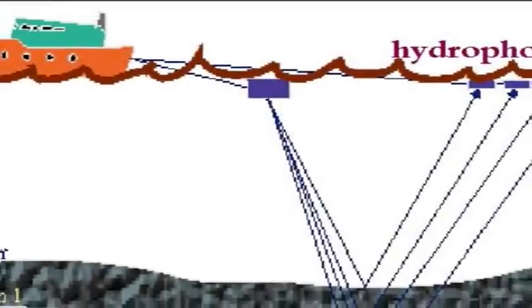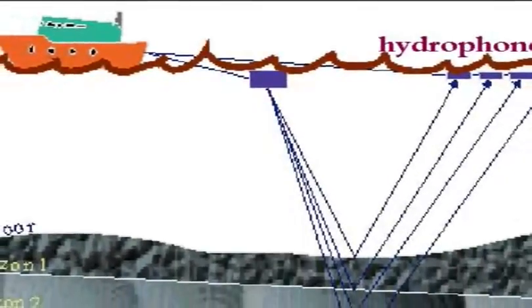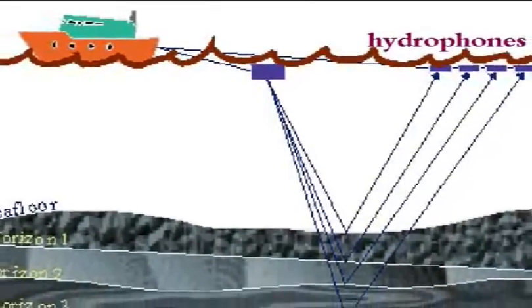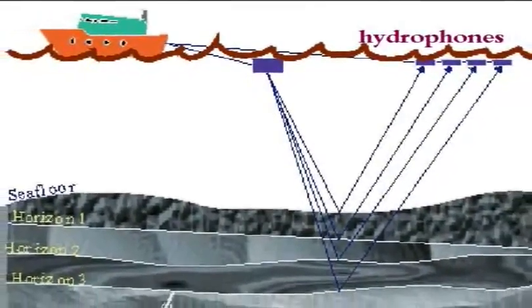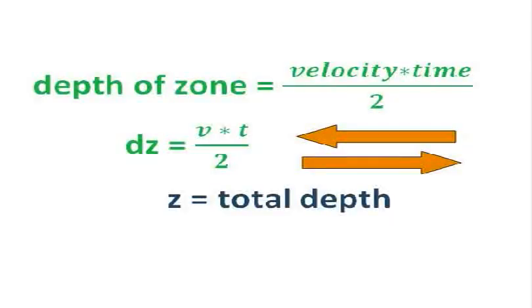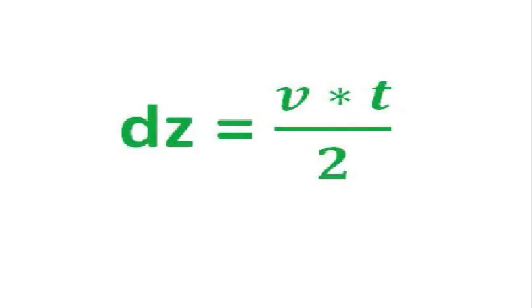Remember, the velocity of the wave changes as it travels through the different rock types. In denser rock, the waves travel faster. Using v for velocity, dz for depth of the zone, and z for the total depth, we can solve the following equation. Depth equals velocity times time divided by 2.